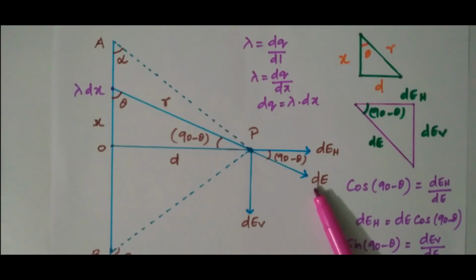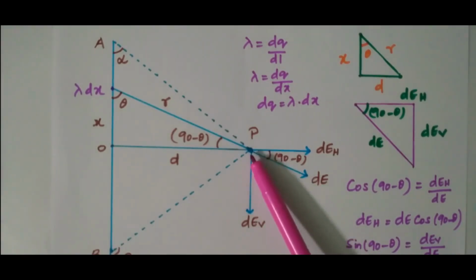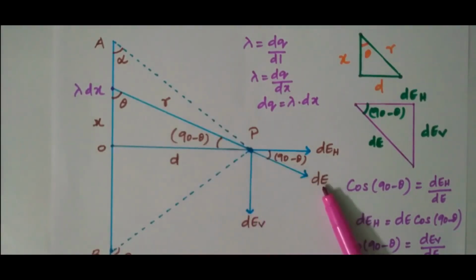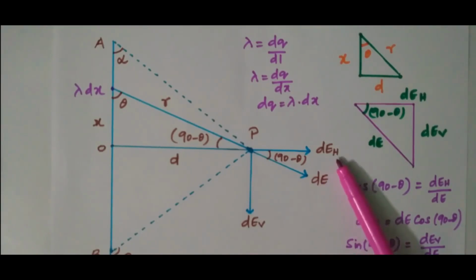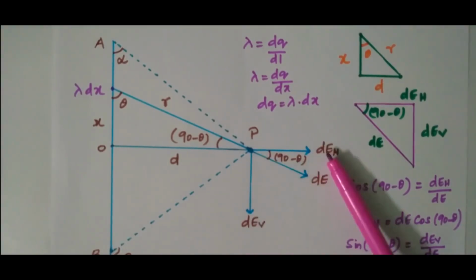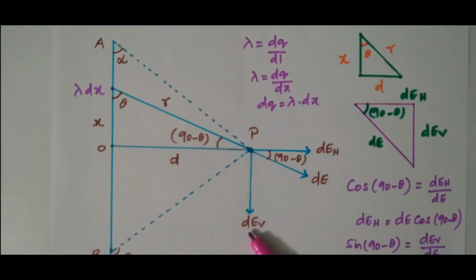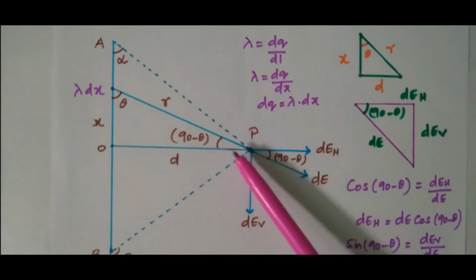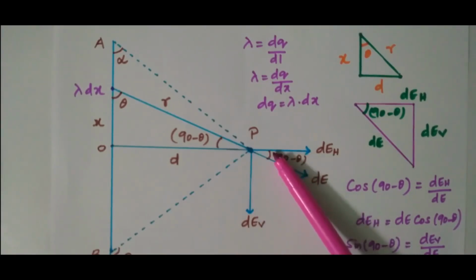For any inclined point, the total electric field intensity will be divided into a horizontal component and a vertical component, dEH and dEV. That will be resolved into horizontal and vertical components, right? So this angle is 90 minus theta.